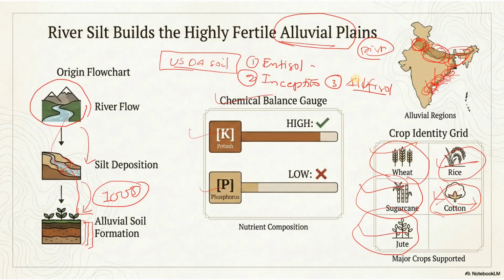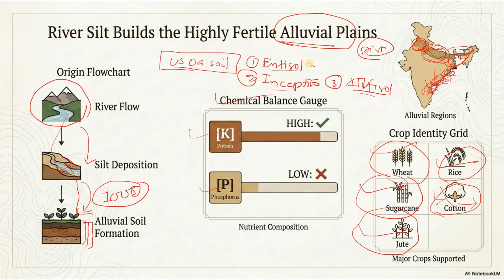These three orders have similarity with this kind of soil. According to USDA soil taxonomy, these alluvial soils of India fall basically under Entisol, Inceptisol, and Alfisol.